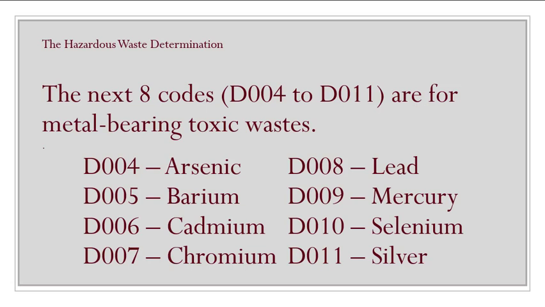I have an acronym that I use to remember all these, but I'm not going to go through that because some people get offended by it. So these are the codes for toxic metals, okay? And so when we talk about heavy metals in the EPA world, these are the eight metals that we're talking about. All the other metals, hey, they can be toxic too, but these are the ones that get waste codes, and so we pay more attention to them.